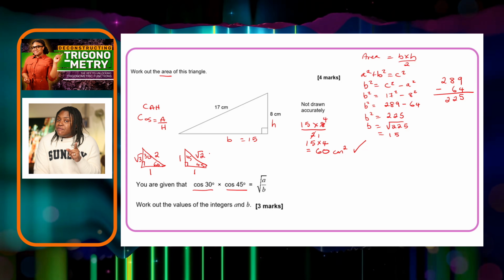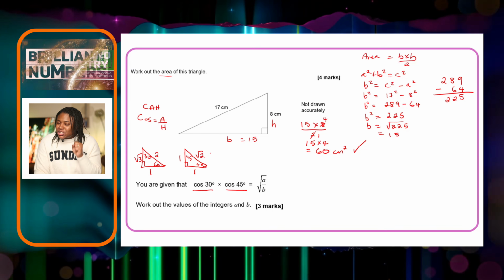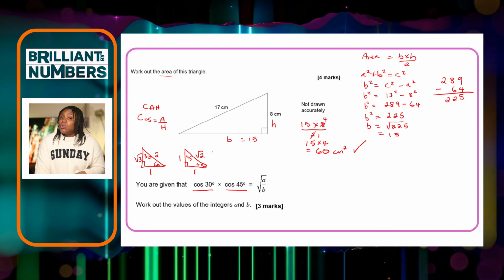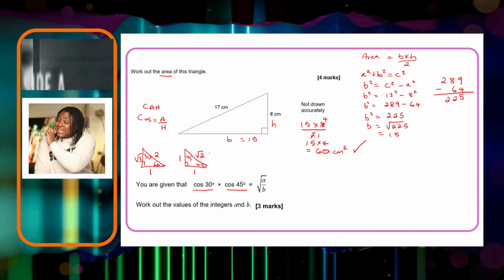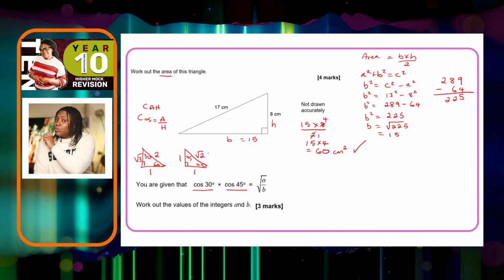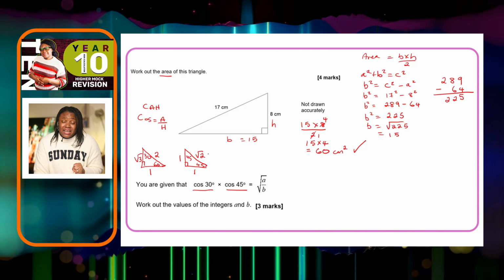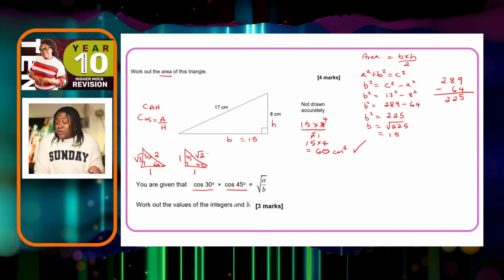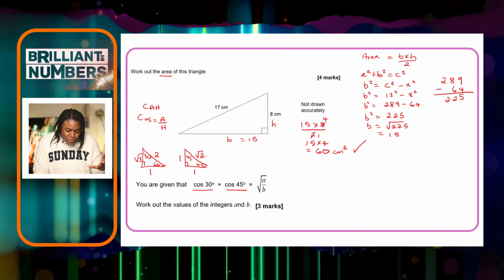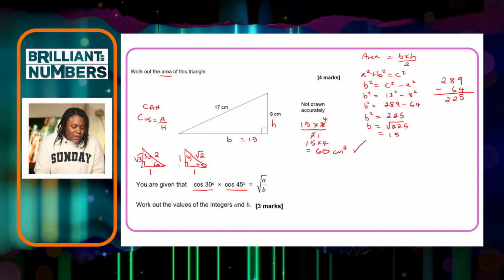However, if you need more on exact trig values, you need to watch this one, the year 10 paper 1 walkthrough. That has almost everything that you need, but this current walkthrough will give you additional practice as well.